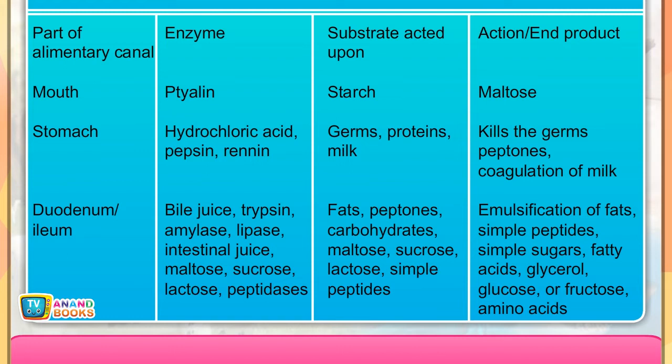Duodenum or ileum: bile juice, trypsin, amylase, lipase, intestinal juice, maltose, sucrose, lactose, peptidases. Fats, peptones, carbohydrates, maltose, sucrose, lactose, simple peptides. Emulsification of fats, simple peptides, simple sugars, fatty acids, glycerol, glucose or fructose, amino acids.